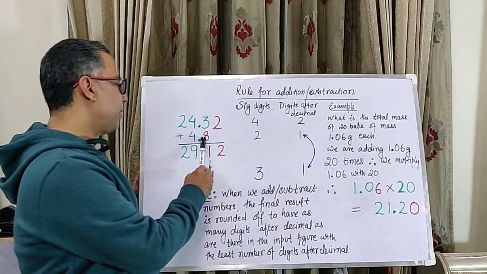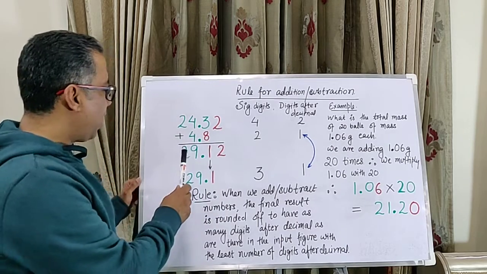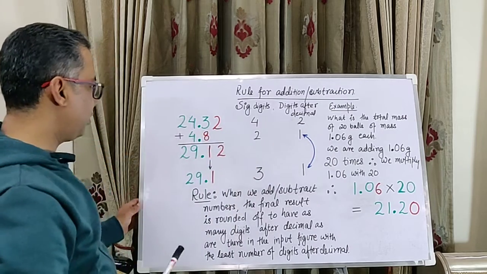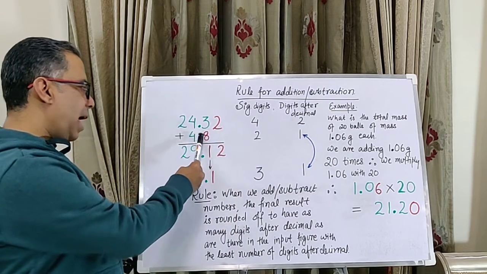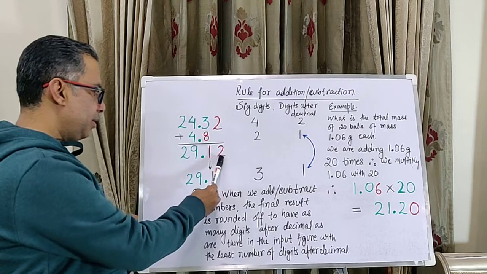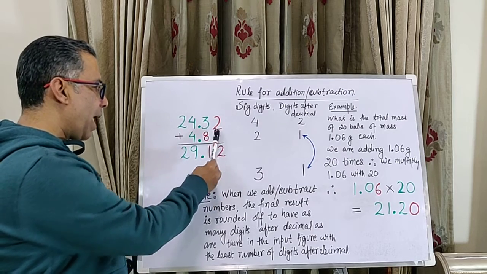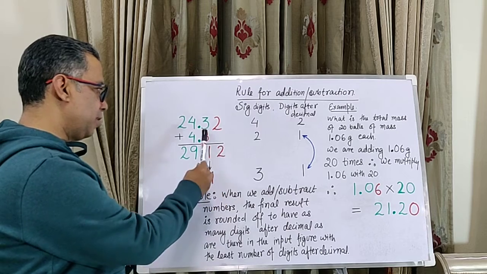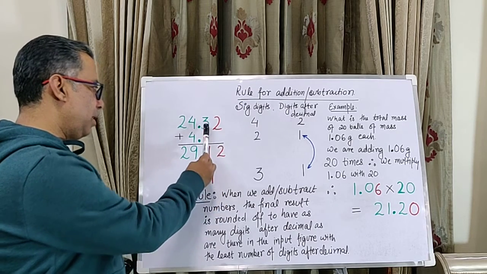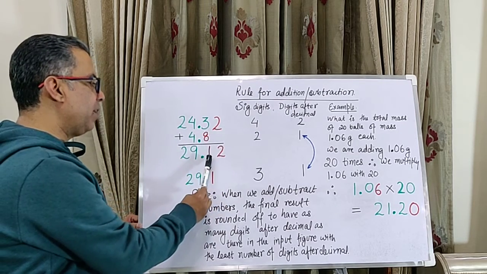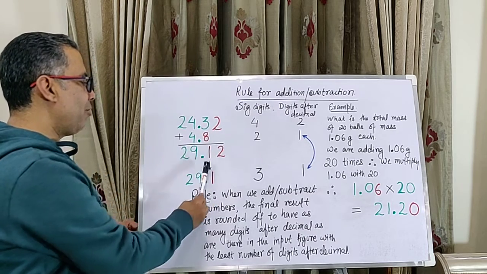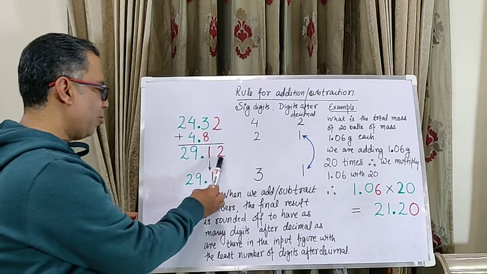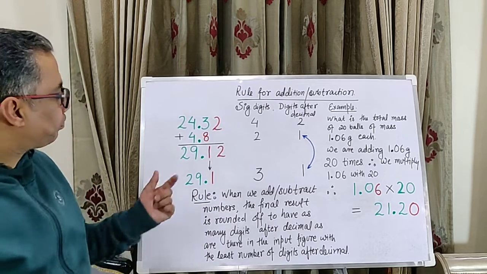This number has 2 significant digits and it has 1 digit after the decimal. Now when we add them up, the result of adding uncertain digits is an uncertain digit. So this is 2 here, 3 plus 8 is 11, so 1 carries forward. This digit remains uncertain and we have 29.12 as the answer.